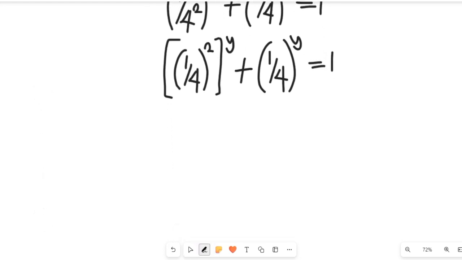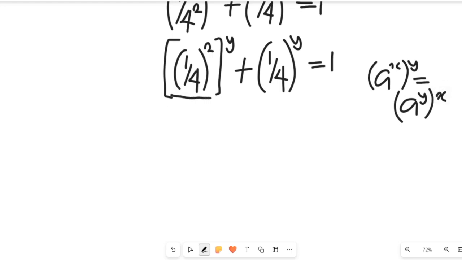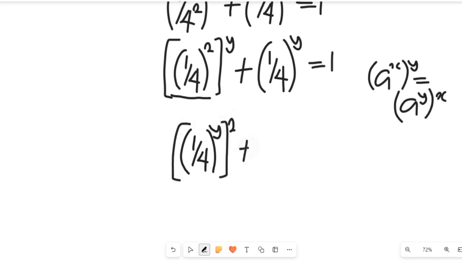From that law of indices, we have a to the power of x all to the power of y can be equal to a to the power of y all multiplied by x. If we apply that over here, this expression gives us 1 divided by 4 all to the power of y all squared, plus 1 divided by 4 all to the power of y equal to 1.